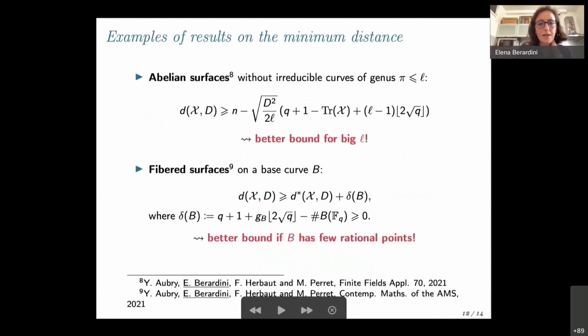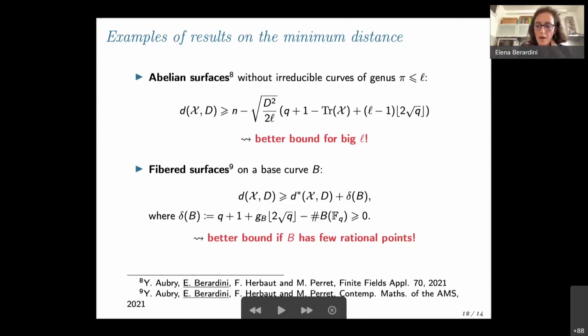For instance, in the case of abelian surfaces, we show that considering codes from surfaces that do not contain curves of small genus could be interesting. And in the case of codes from fibered surfaces over a base curve, we show that if you can choose B, the base curve, to have few rational points, this will potentially give better codes.